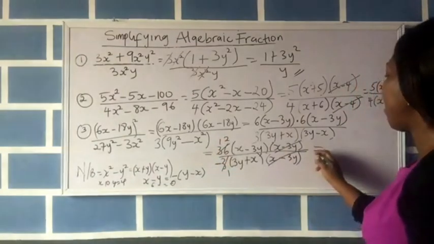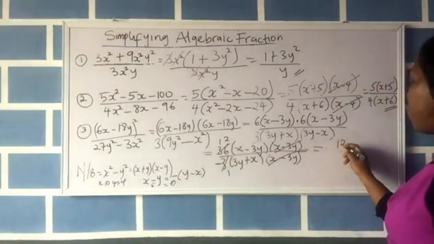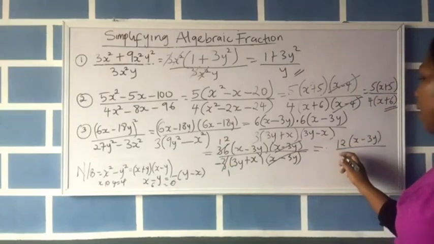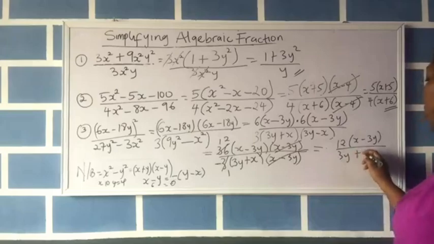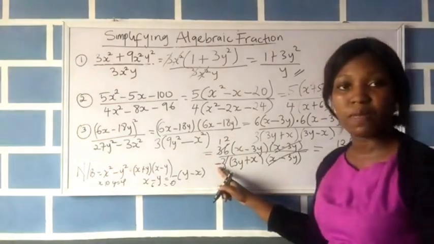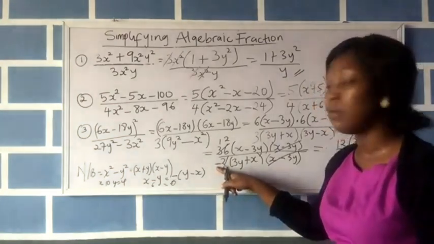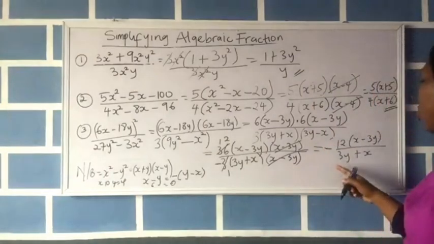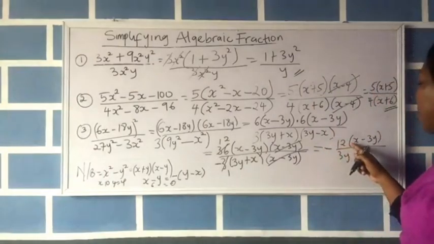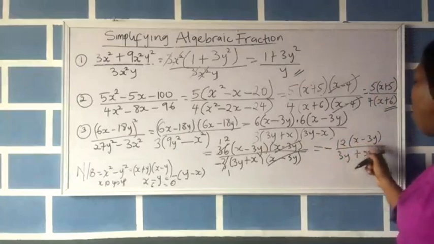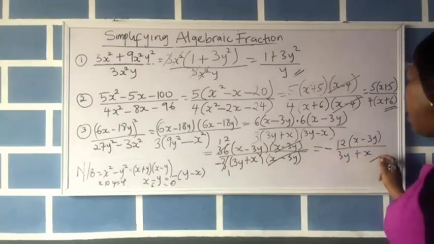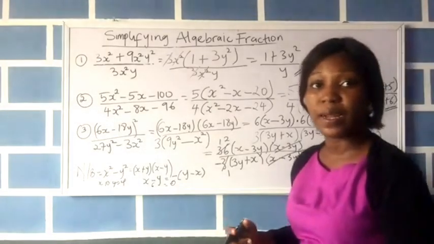So my final answer becomes 12 bracket x minus 3y all over 3y plus x. Remember, I have negative downwards. That's on my denominator part. So here it becomes minus. My final answer becomes 12 in bracket x minus 3y all over 3y plus x. This becomes my final answer.